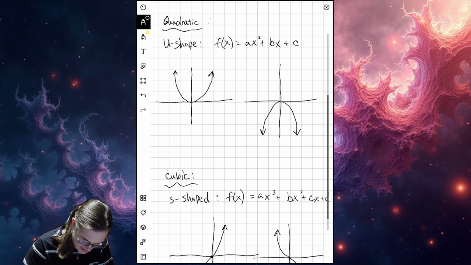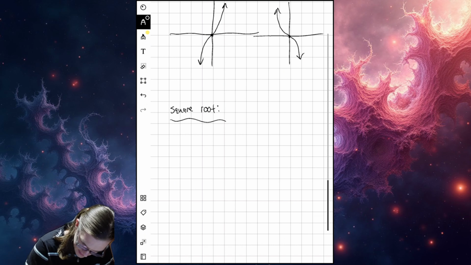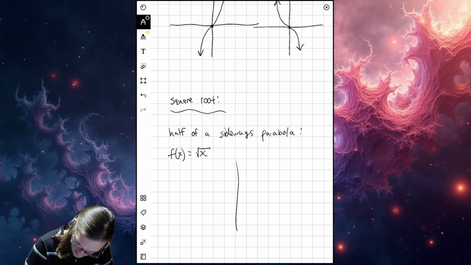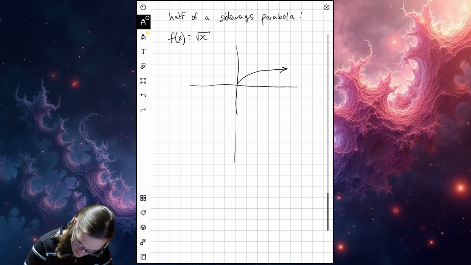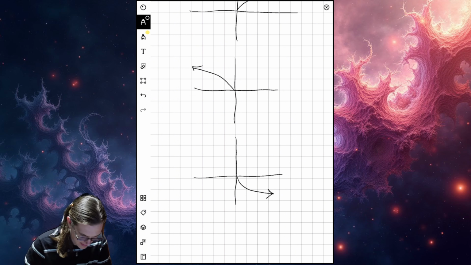There's the square root function, which is just like half, we'll call it half of a sideways parabola. We have f of x is equal to square root of x. Looks like this, right? It could look like that. It could look like this. It could look like this. Depending on circumstance.